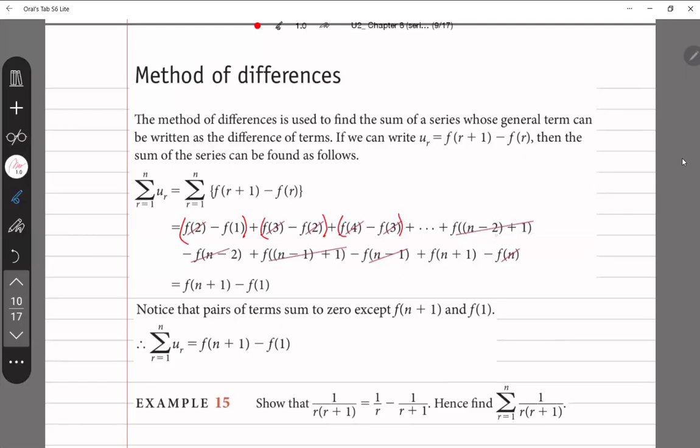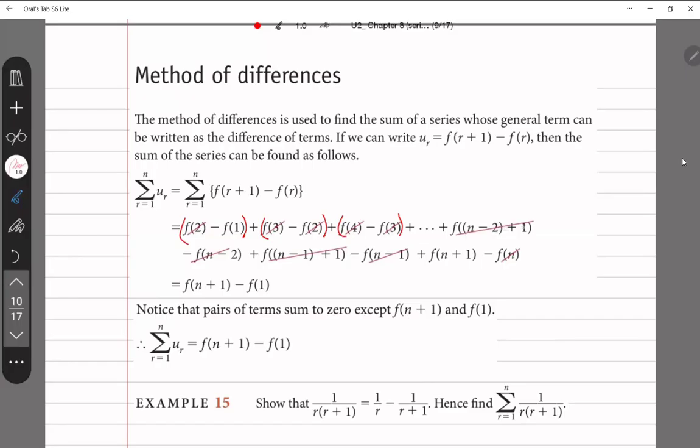This would be the n minus 2 term, because, no, it would be n minus 3, because you have to add 1. N minus 3 plus 1 gives you n minus 2. So this is, no, it's the n minus 2 term, because it's n minus 2 plus 1.